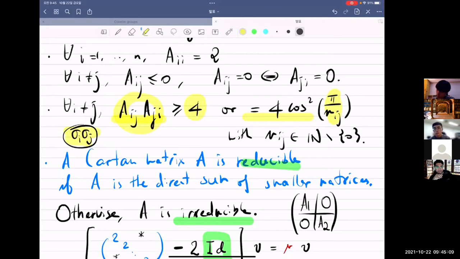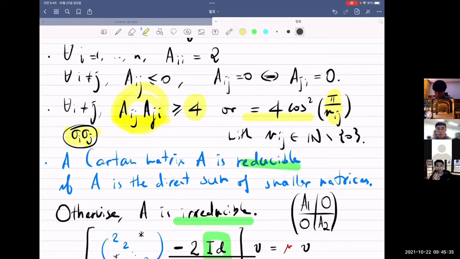And this composition is parabolic if Aij Aji is equal to 4, and hyperbolic if this number is bigger than 4. Okay, so we can have this Coxeter group which is related to the Coxeter superlative P, right?